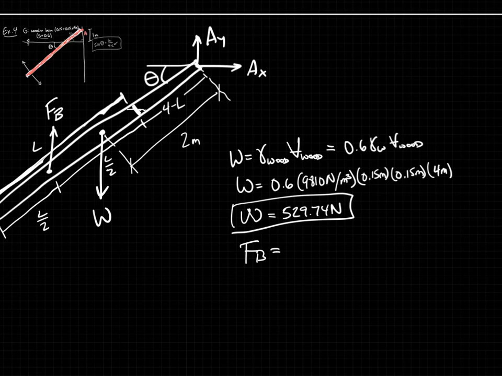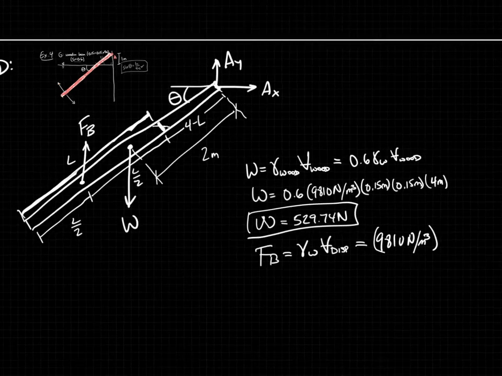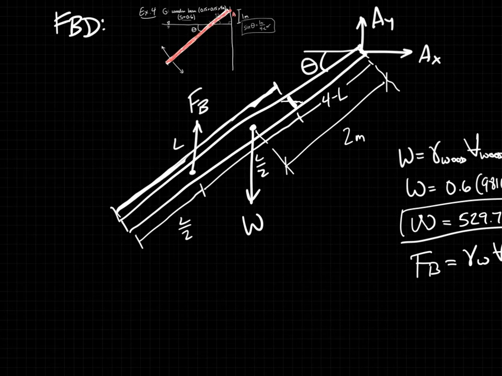All right, the force of buoyancy has to do with the volume of the fluid displaced. So it is the gamma of the fluid, water in this case, times the volume displaced. The gamma of water is 9810 newtons per meter cubed. What volume is underwater?